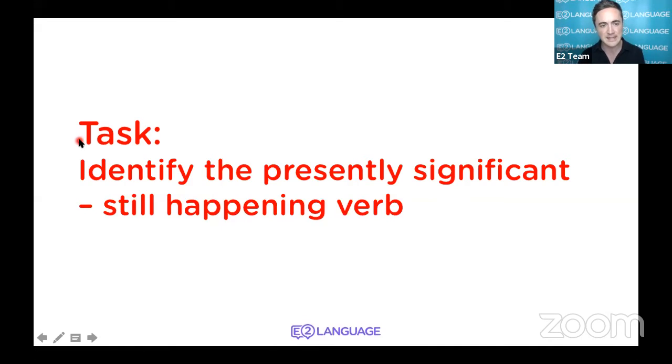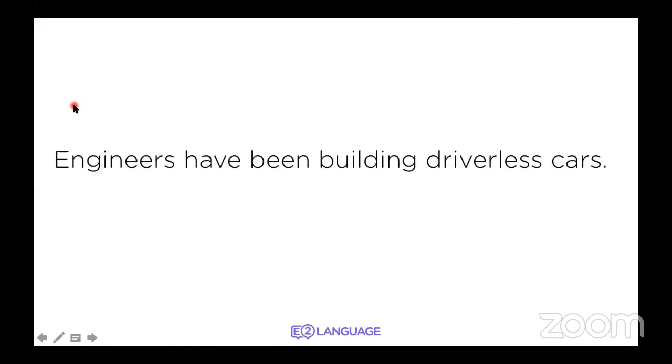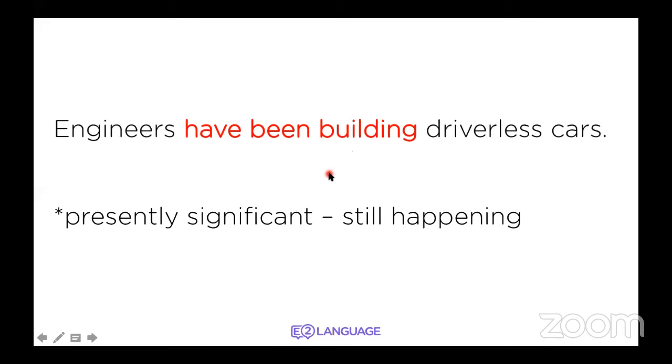Right, here's a task. Identify the presently significant and still happening verb. It has three parts. Good. Correct. Have been building.